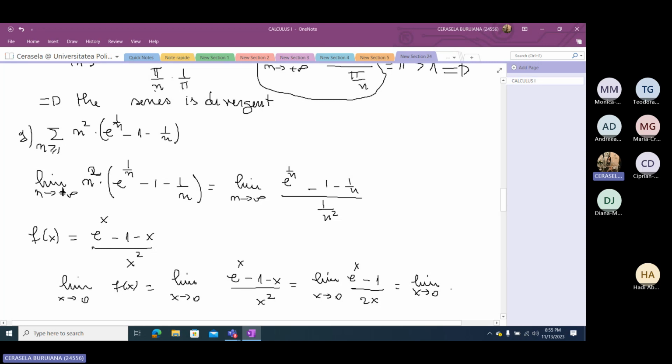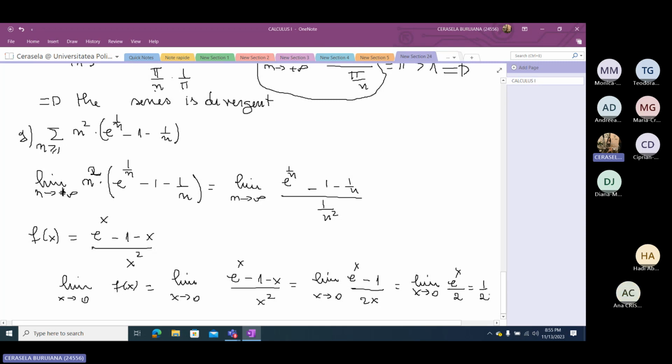Well, I will apply it one more time. With L'Hopital, I get e power x over 2, which is 1 over 2. And this is it. So the limit of f when x goes to 0 is 1 over 2. But using the properties of limits, the limit I need is also 1 over 2.